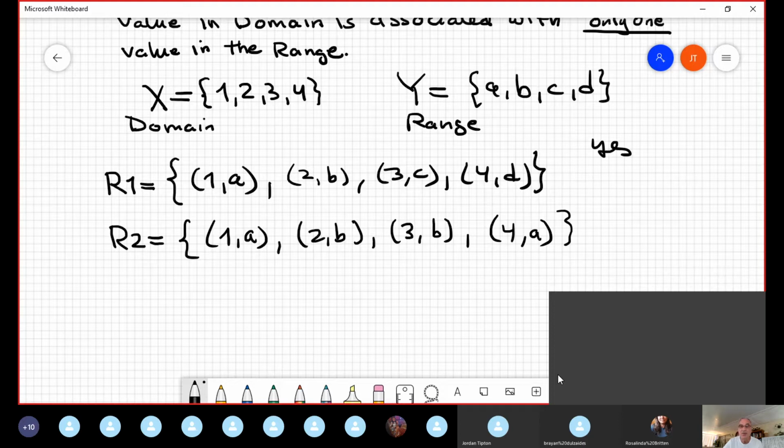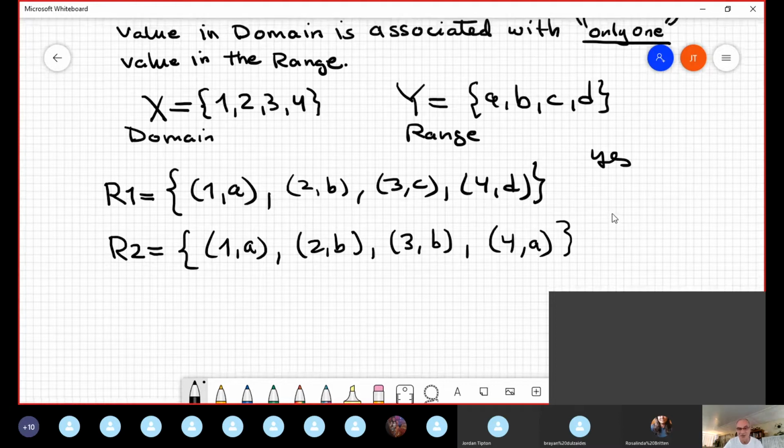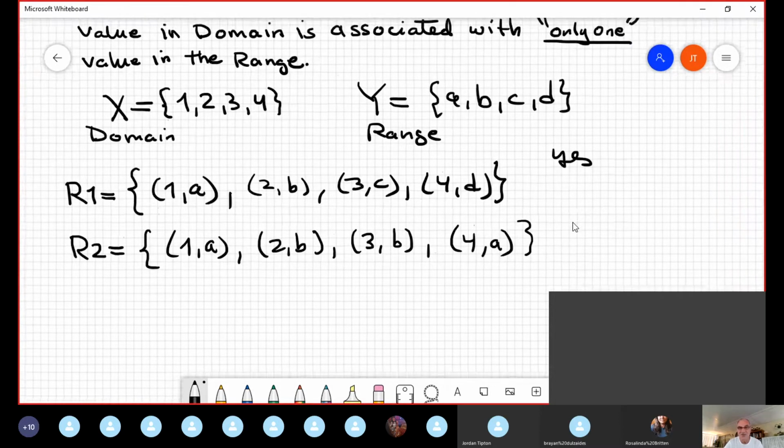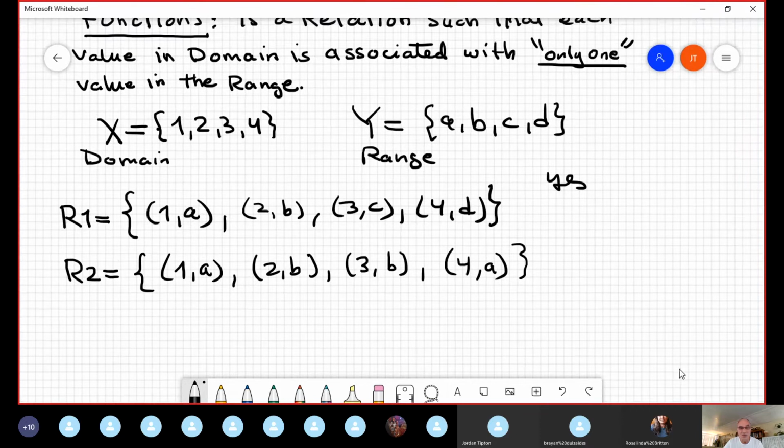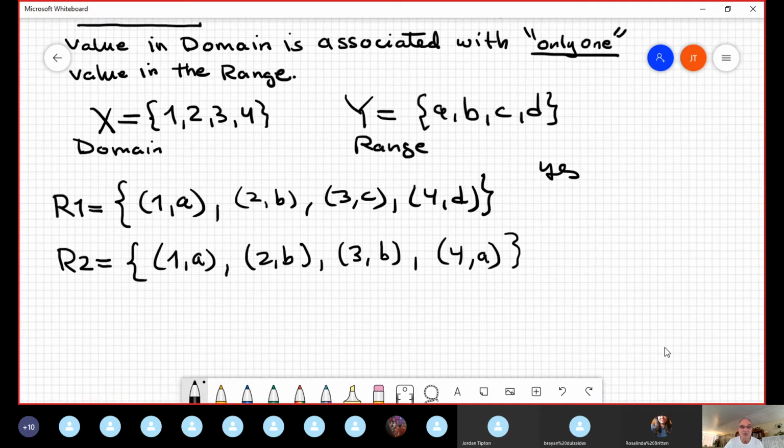But okay, this is the confusing and tricky part. The definition is confusing, I understand very well. The definition says only one in the range. Suppose you associate 2 and 3 with the B. Let me use another diagram to understand.